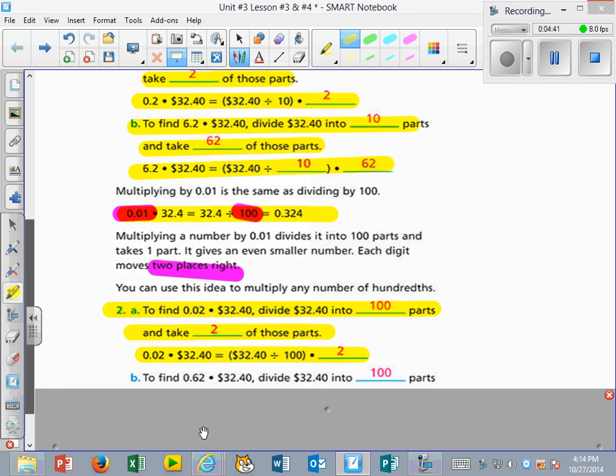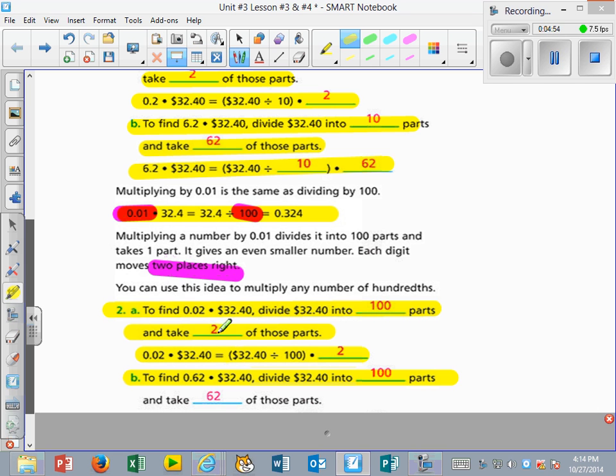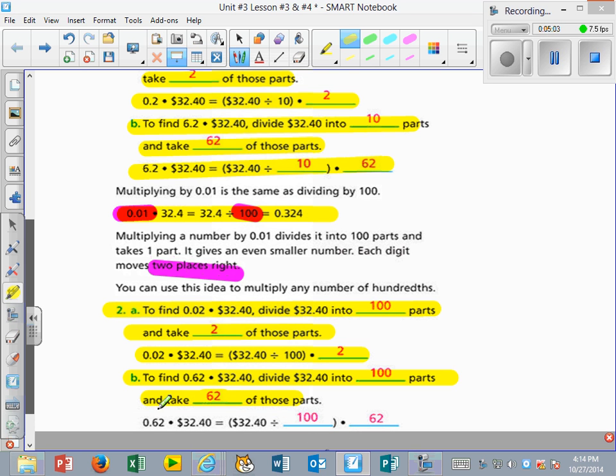And then it goes on to say to find 0.62, or 62 hundredths, times $32.40, divide $32.40 into 100 parts, and take, now instead of 2, 62 hundredths, so 62 of those parts. And the final would be 0.62 times $32.40 is the same as $32.40 divided by 100 times 62.